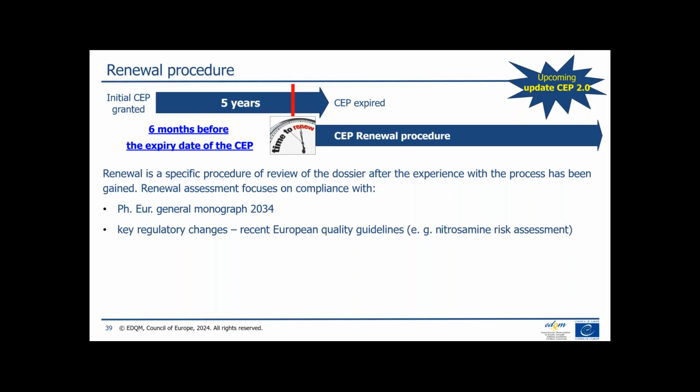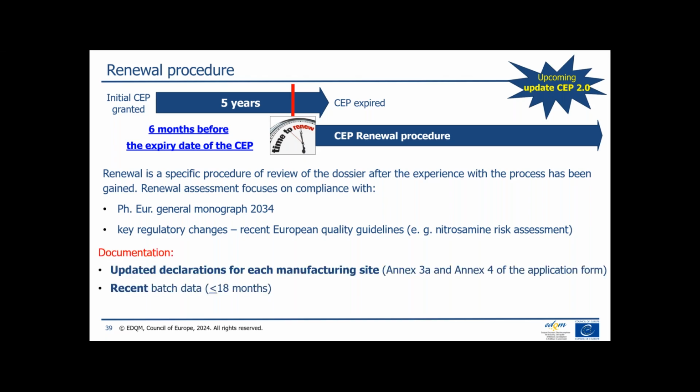Renewal is a specific procedure where assessors are reviewing the dossier after the experience with the process has been gained in the last 4 or 5 years. And this review focuses on the General Monograph 2034 and also on, for example, some recently updated emerged guidelines such as nitrosamines.